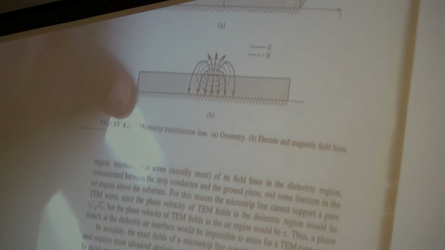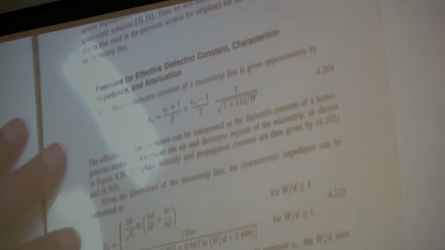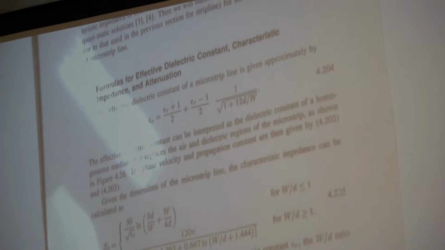These are some of the typical approximate expressions that you have for the microstrip. The microstrip is the one that almost everyone works with most of the time and gets discussed the most in the literature.